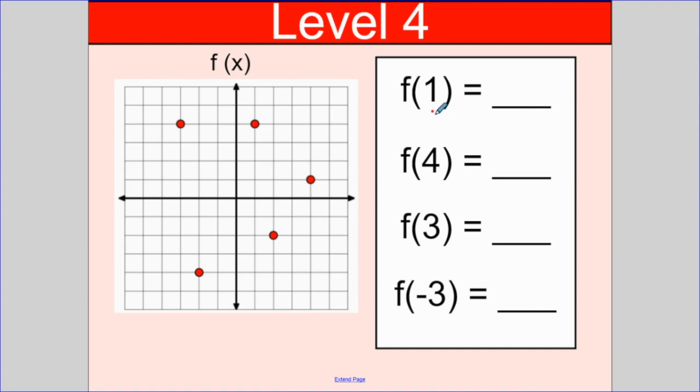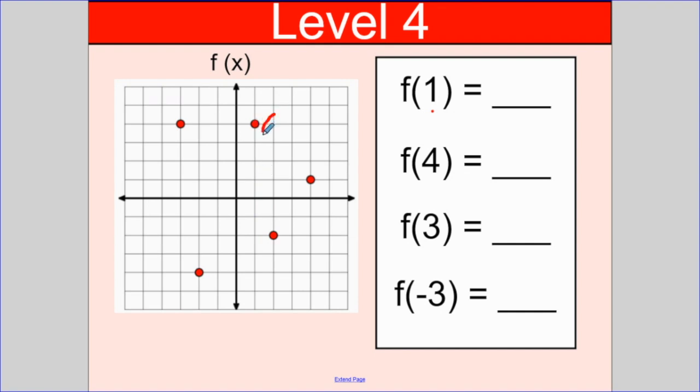Well, we know that the input is the x, the output is the y. So if we're going to go along our x-axis here and we go to where x is 1 right here, is there a point that's on this x equals 1 line? Yes, it is. It's this point right here. What is that point?